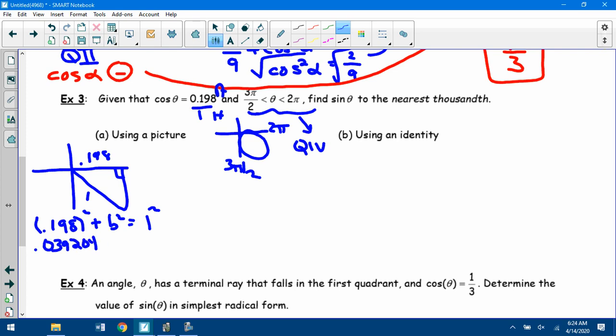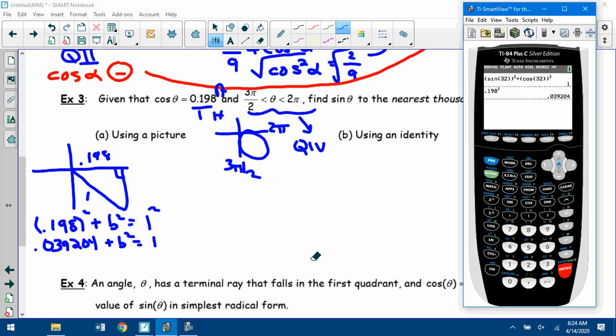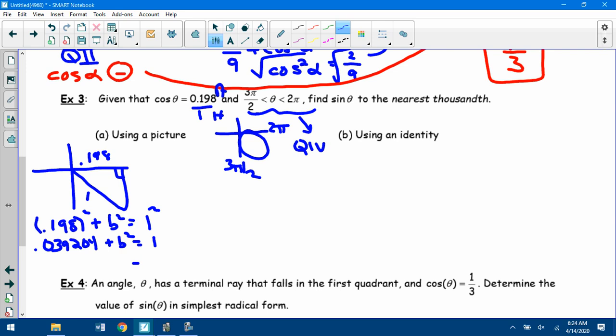Don't round till the end. Plus b squared equals 1. I got to subtract 1 from that. So 1 minus that answer gives me 0.960796. And that's b squared right now. So take the square root.